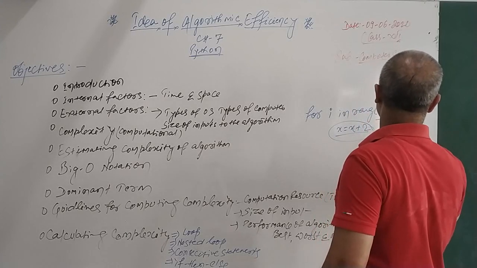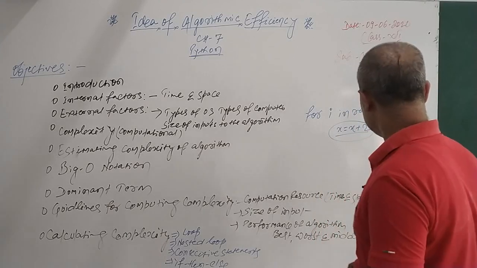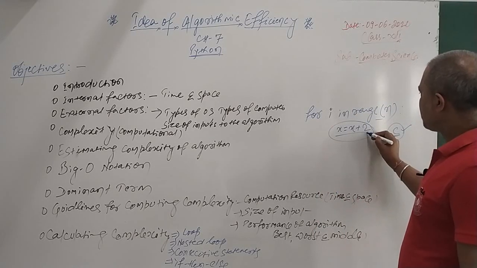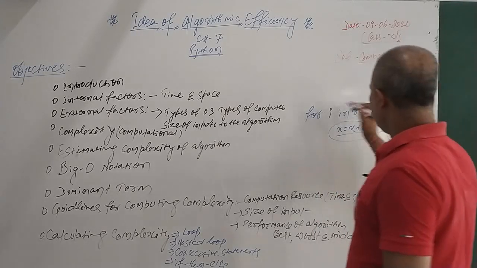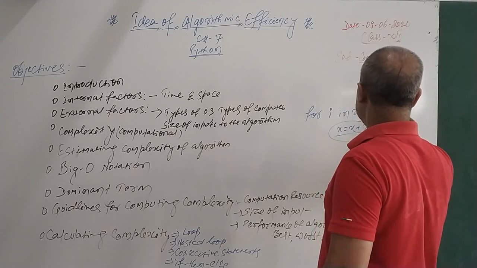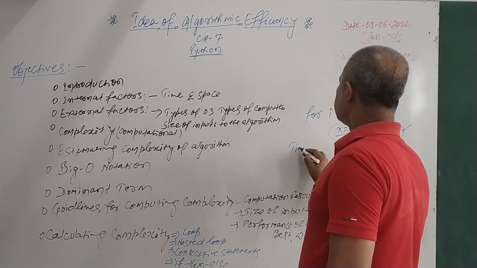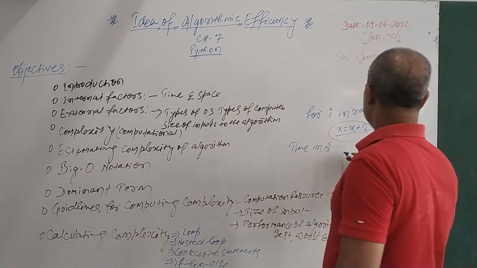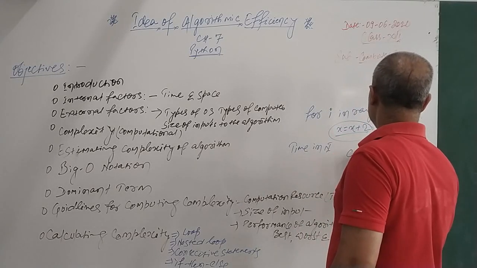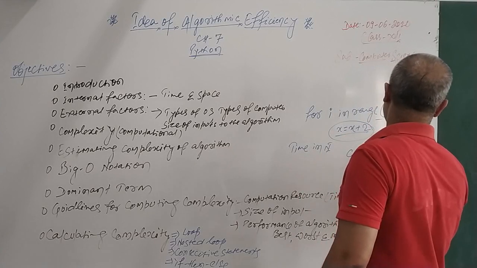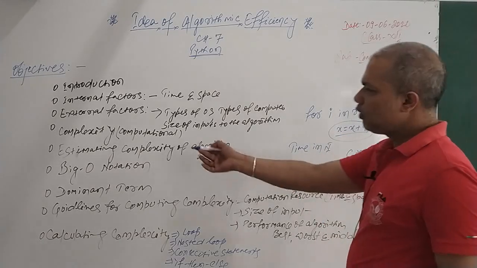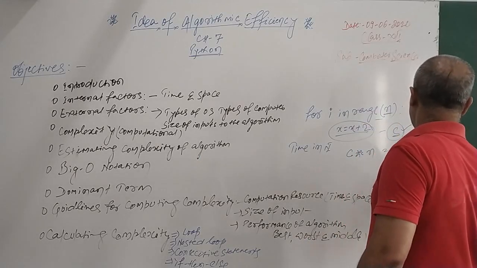Suppose the constant time it takes to execute this statement within the loop is c. It will execute n times. It means in big O notation it is c * n, that is cn. In big O notation we will write O(n).